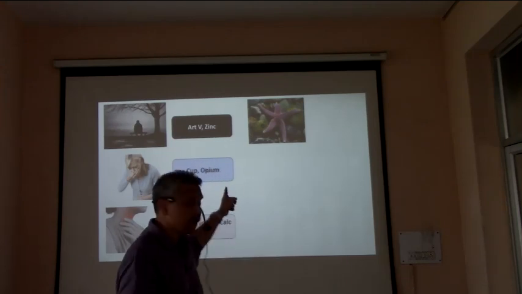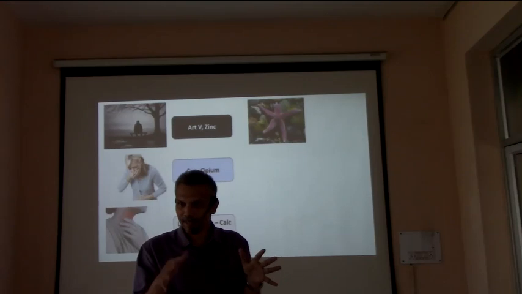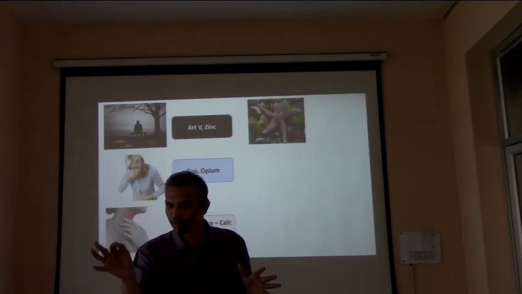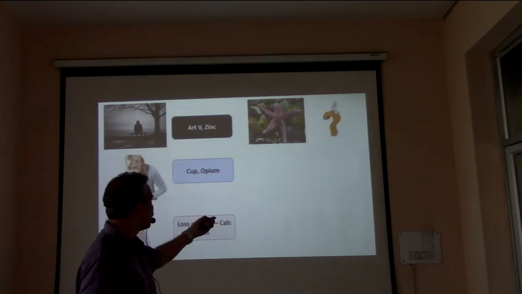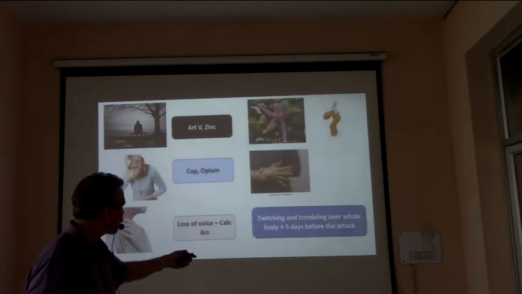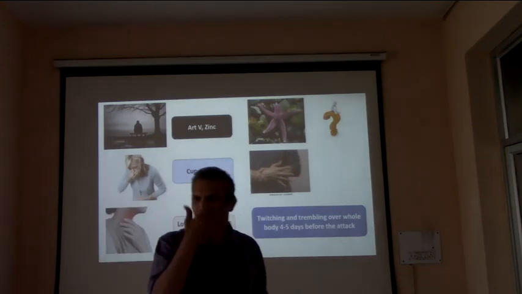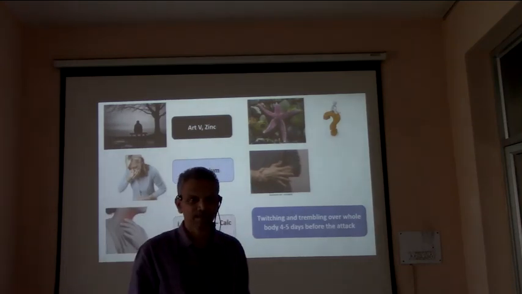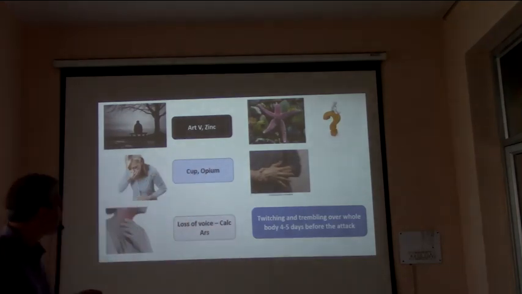So the aura that you have in Asterias rubens is twitching or trembling 3 to 4 days before convulsions. And again a discovery, I knew only of Asterias and this is the trembling I was talking about. There are 2 more remedies, Artemisia vulgaris and Argentum. Artemisia vulgaris and Argentum. Okay.